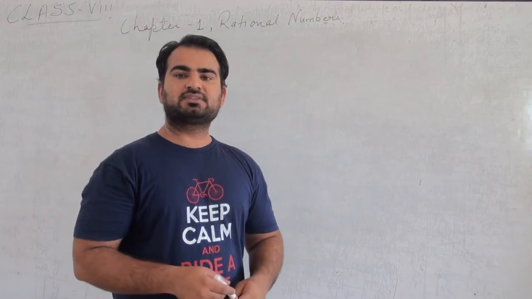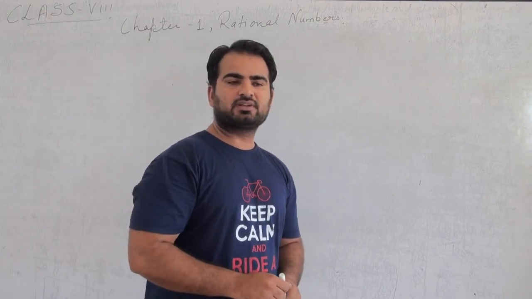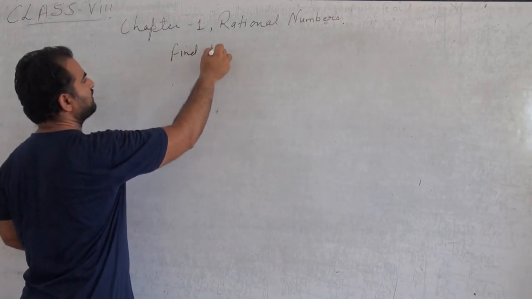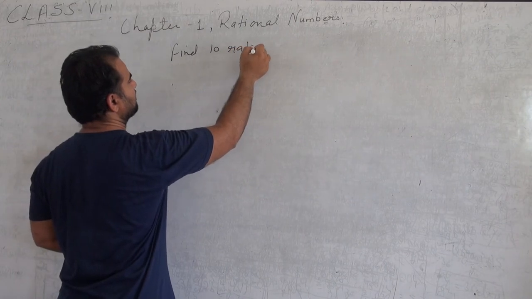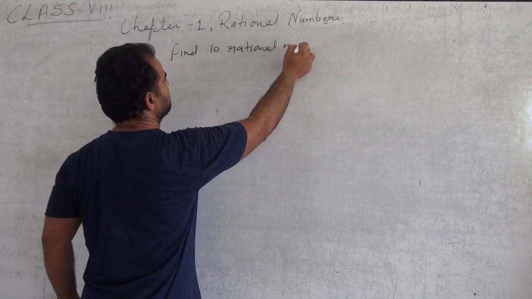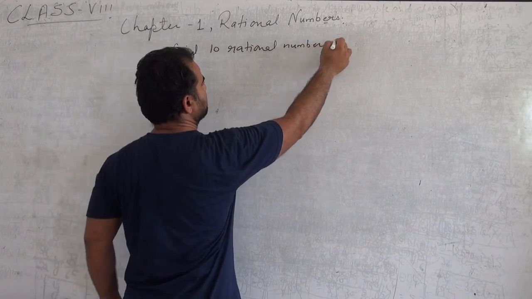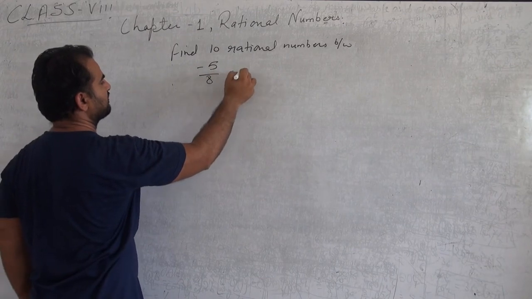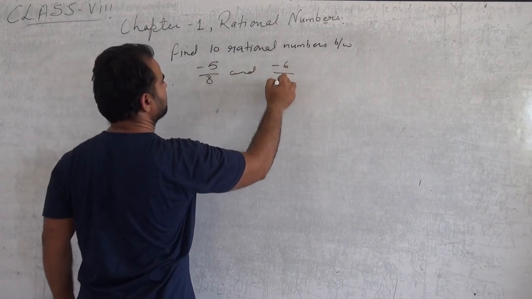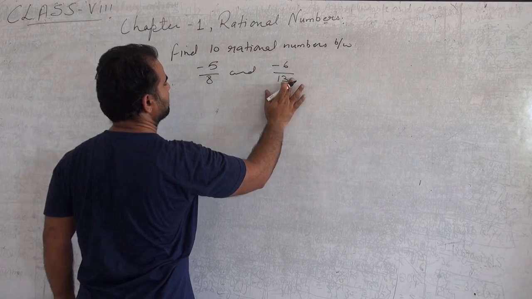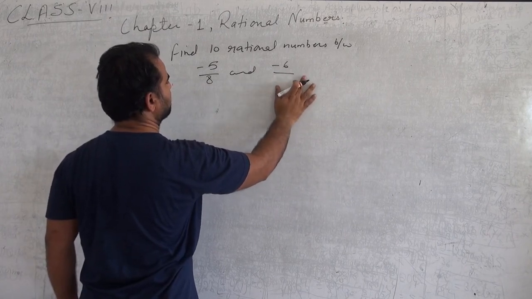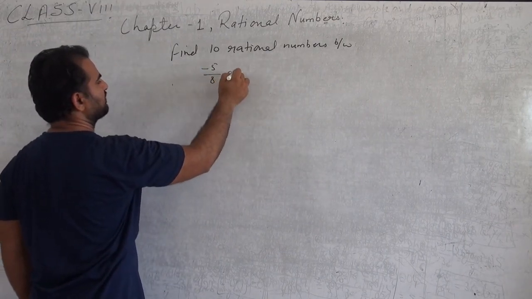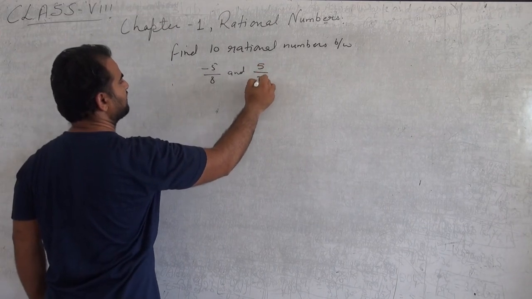Okay. Next topic is how to find rational numbers between two given rational numbers. Like find 10 rational numbers between minus 5 by 8 and 5 by 2.